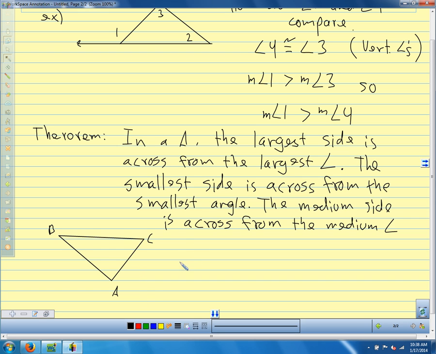So this is saying if BC is greater than BA, if this side is longer than this side, then angle A is larger than angle C.